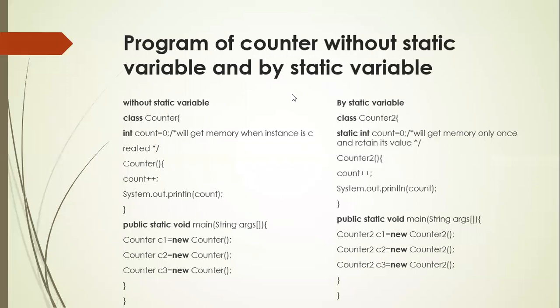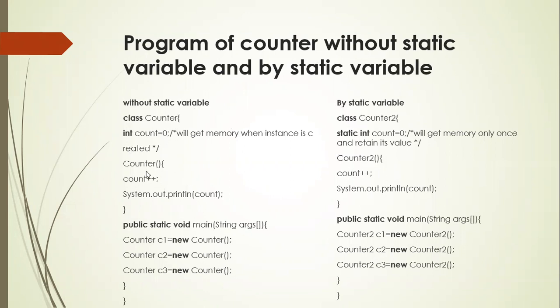In this slide, I have given one more example, without a static variable and with a static variable. Consider a counter. The counter needs to be incremented every time. I have initialized the counter to 0.